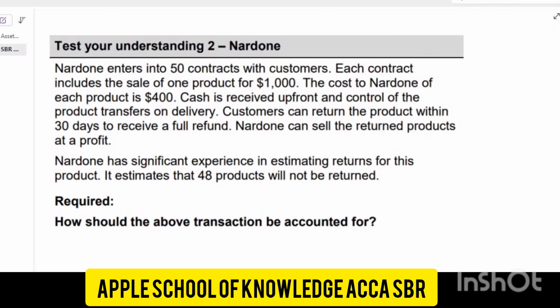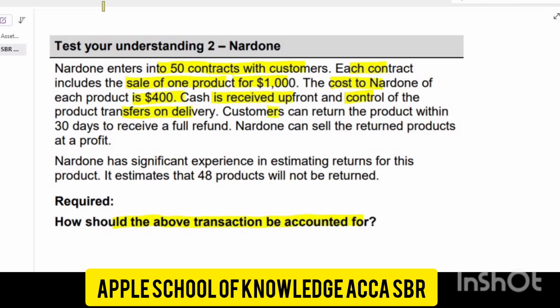Okay, let's do an example here. How should the above transaction be recorded? Entity N enters into 50 contracts with customers. The total number of contracts is 50. Each contract includes the sale of one product for $1,000. The cost of each product is $400, and cash is received upfront and control of the product transfers on delivery.